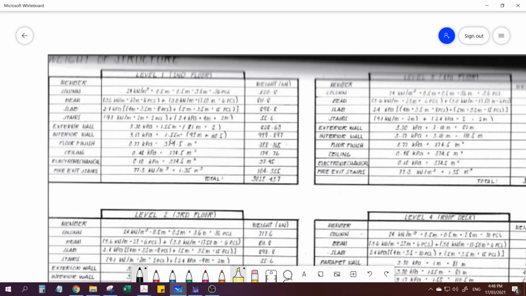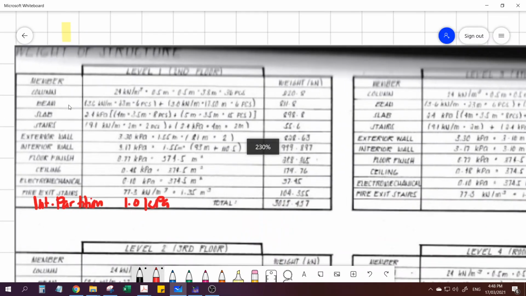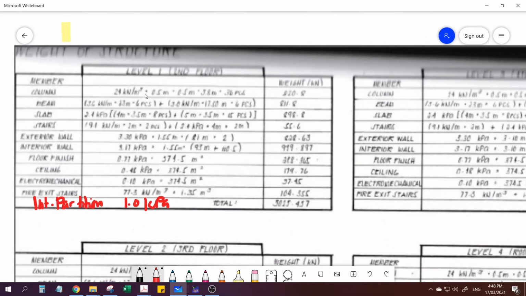You add that. 1 kPa for interior partition.